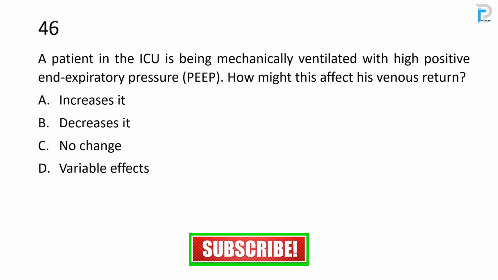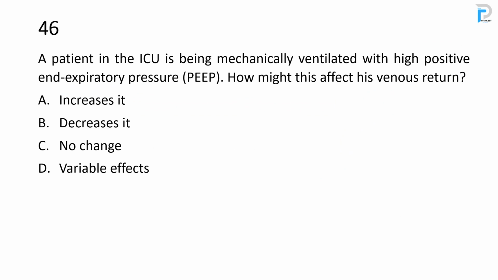Here is a very similar concept about breathing. A patient in the ICU is being mechanically ventilated with a high positive end expiratory pressure. So high pressure means we are increasing the central venous pressure. How is an increase in central venous pressure going to affect venous return? By now you should be able to know. So it's going to decrease it.